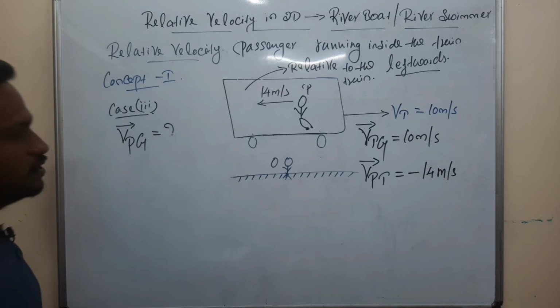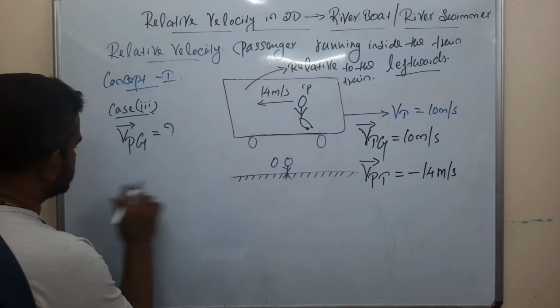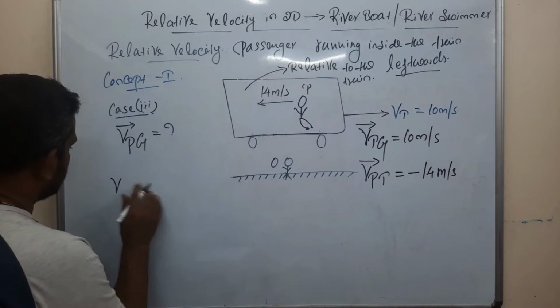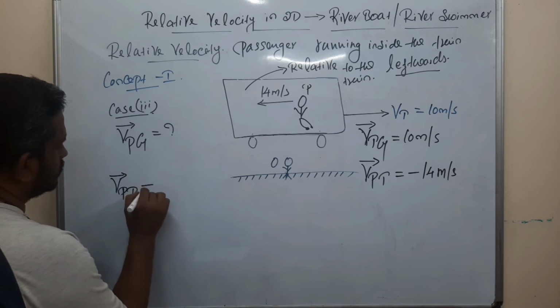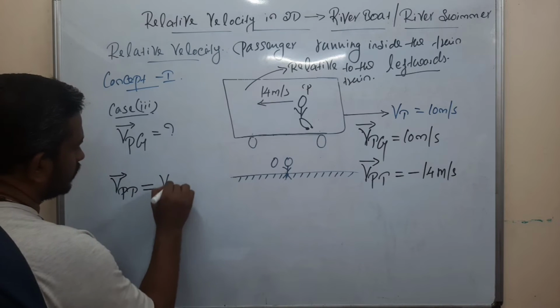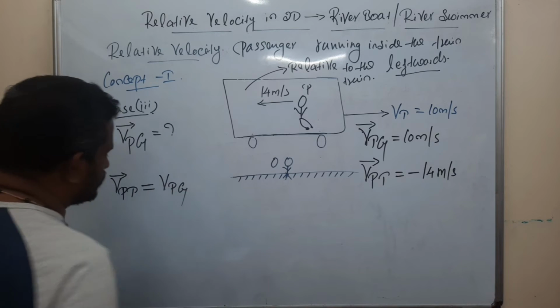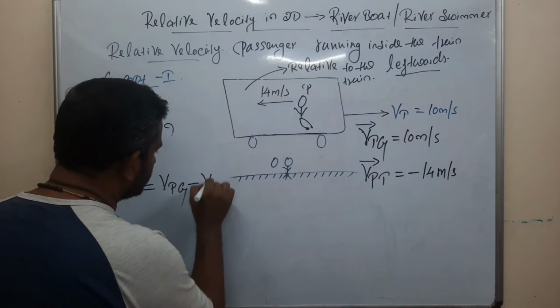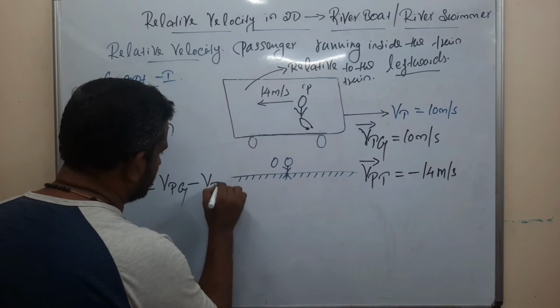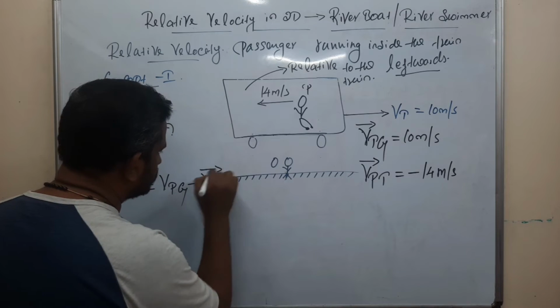Okay. So what is the formula? We are writing, velocity of the passenger with respect to the train is equal to velocity of the passenger with respect to the ground minus velocity of the train with respect to the ground.